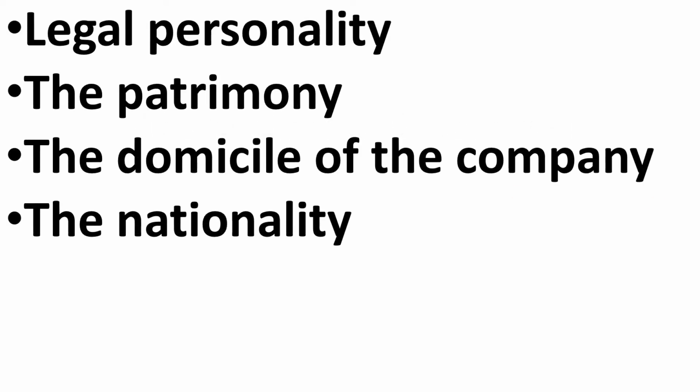Now, the effect as to the company. If the general, specific and formal elements of company formation are present, this contract creates a new person called a juristic person. Now we are talking about the legal personality of the company contract, like name, patrimony, domicile, nationality.